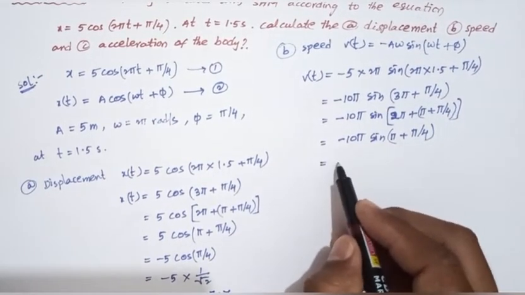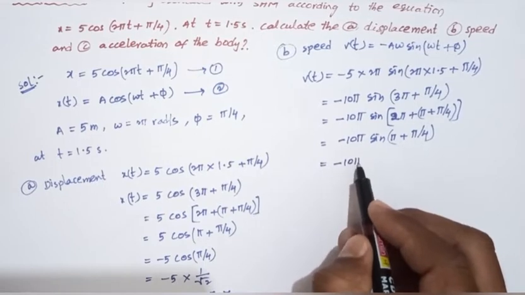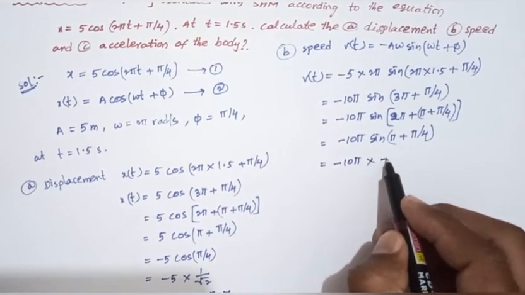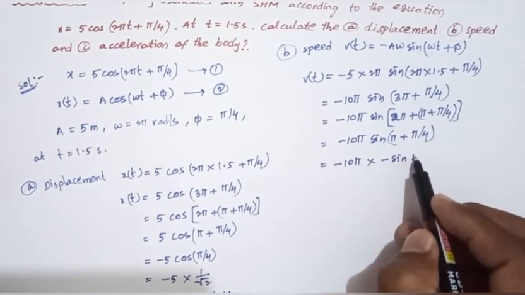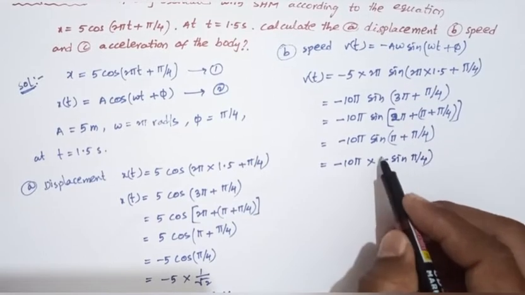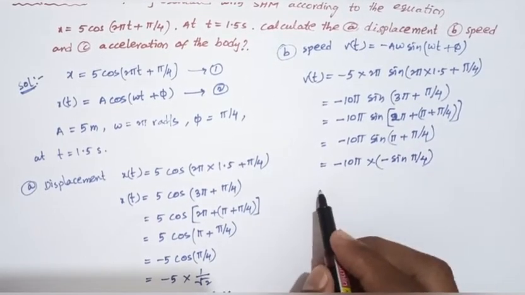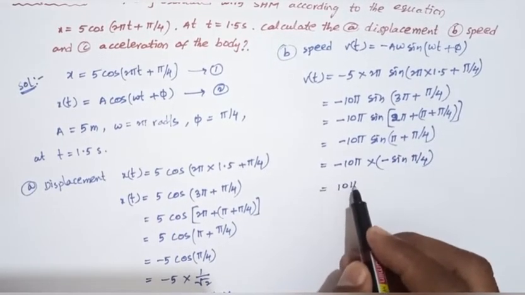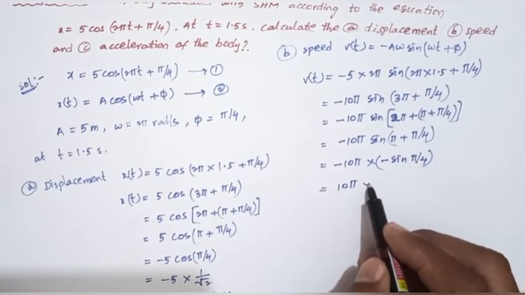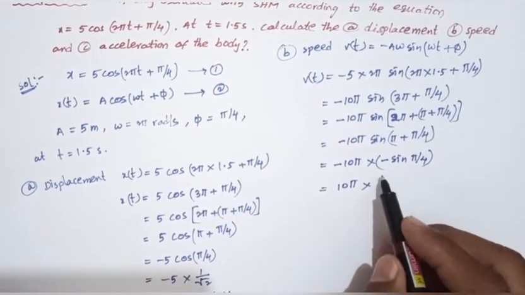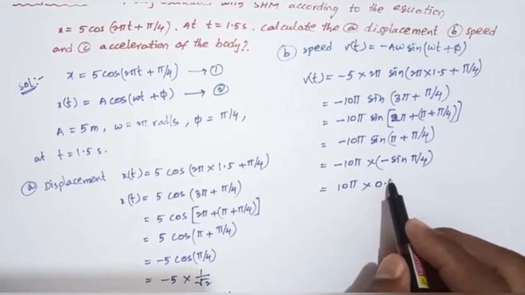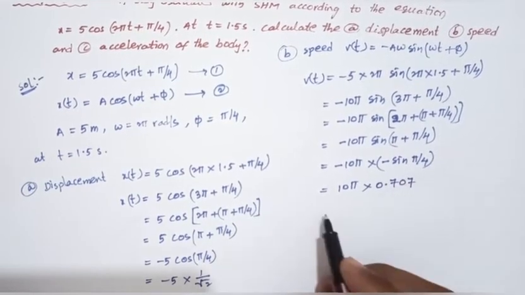Minus into minus is plus, so 10π sin(π/4), and sin(π/4) equals 1 by root 2, that is 0.707.